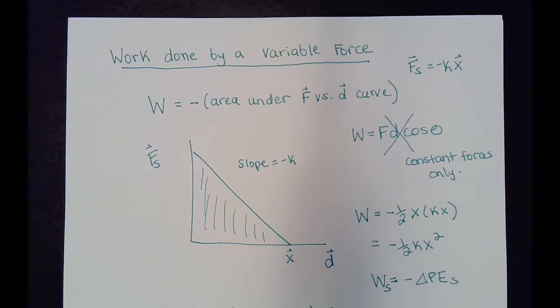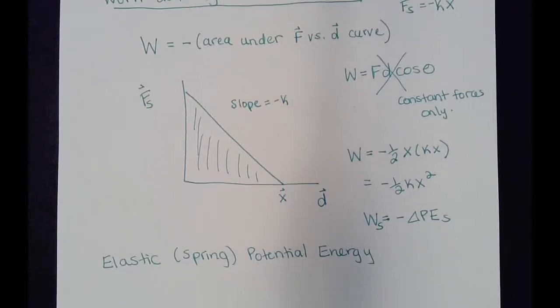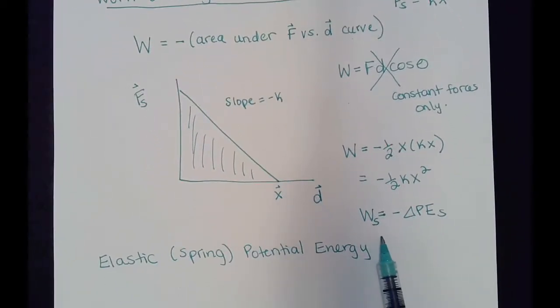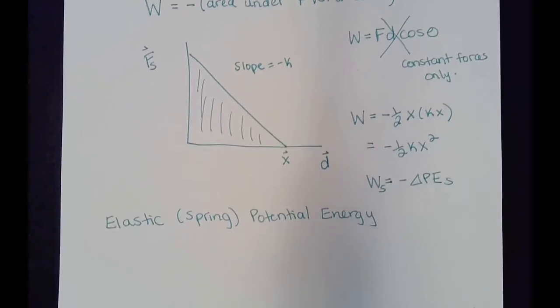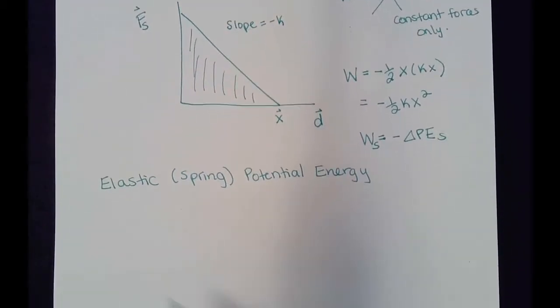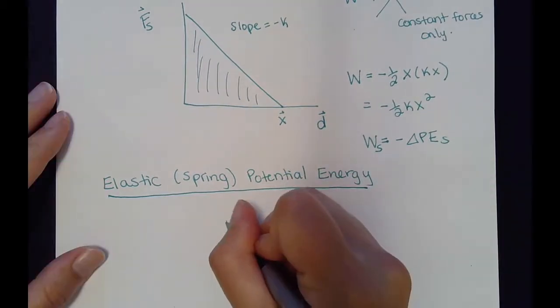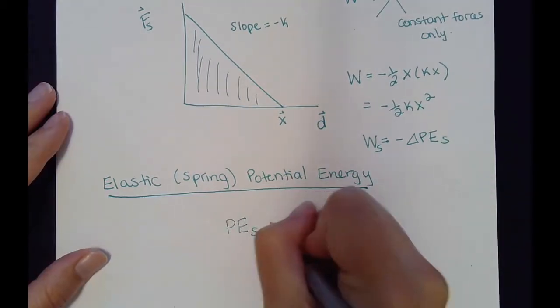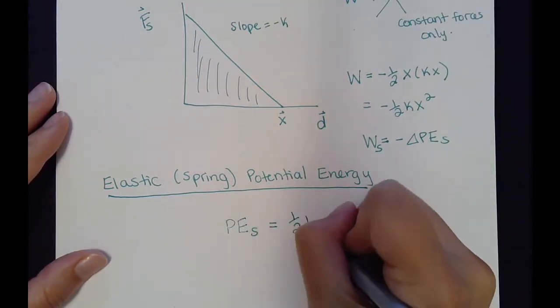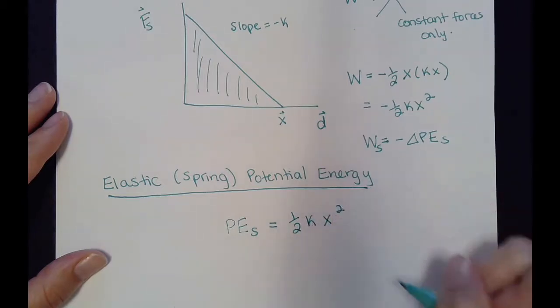Now, also a bit beyond our course is this relationship that the work done by a spring is negative of the change in elastic potential energy. So the important result from this that we need to work with is that elastic or spring potential energy, PEs, equals 1/2 kx squared.